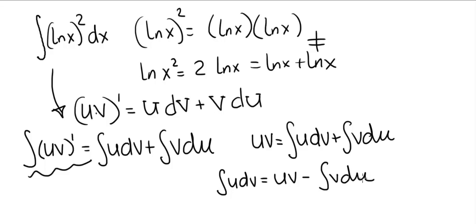Again, the idea of integration by parts is to let the unknown difficult integral be the integral on the left, the integral of u dv, call one of the parts in there u, the other dv, find du, find v, express the integral as the integral on the right, and then subtract it from u times v, and hope that the integral on the right hand side is easier than the integral on the left.